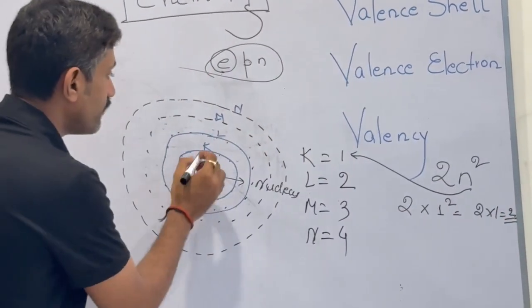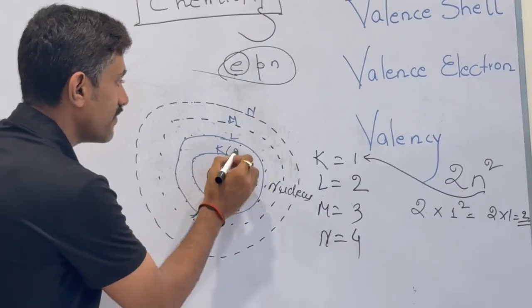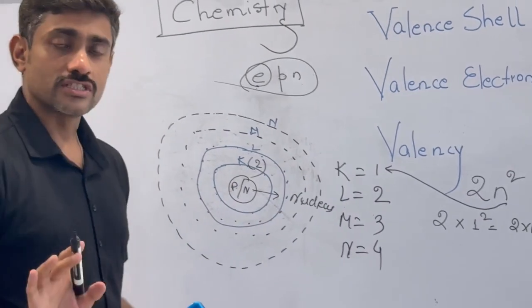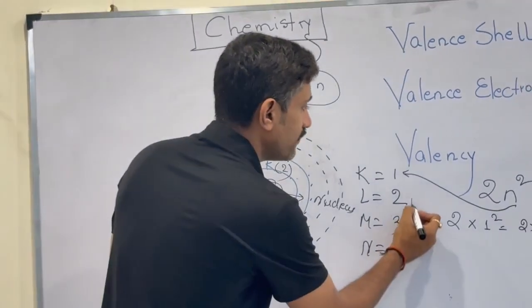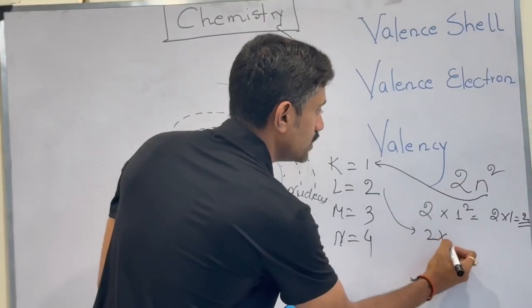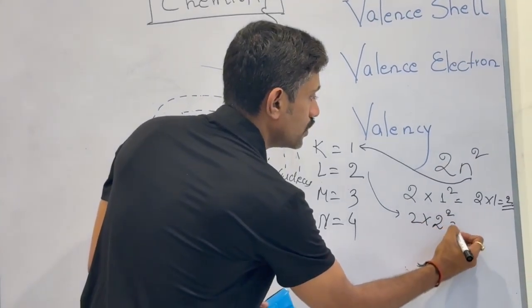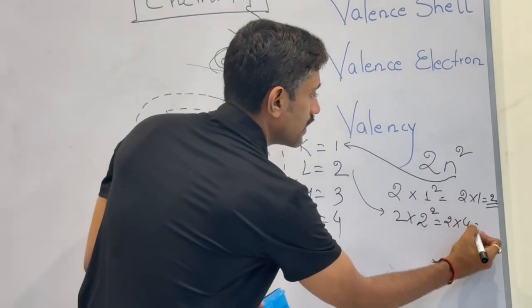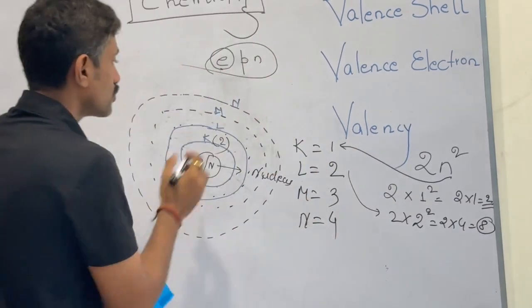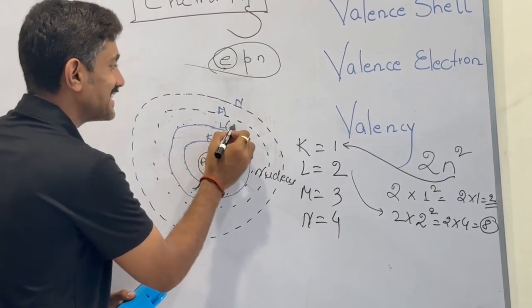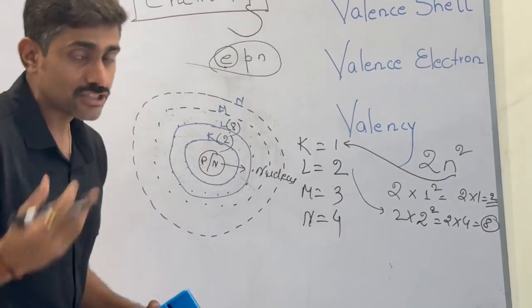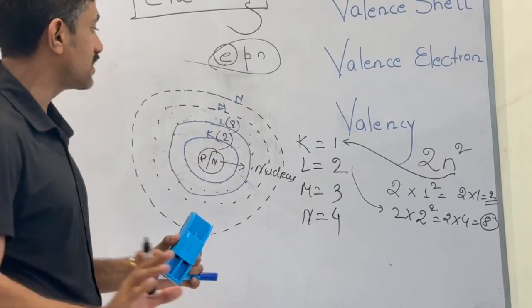It means the first shell, the K shell, can have a maximum of 2 electrons, not more than that. Like that, if you calculate 2 into 2 to the power 2, 2 into 4, 8. So the L shell can have a maximum of 8 electrons. It can have less also, but it can have a maximum of 8 electrons.